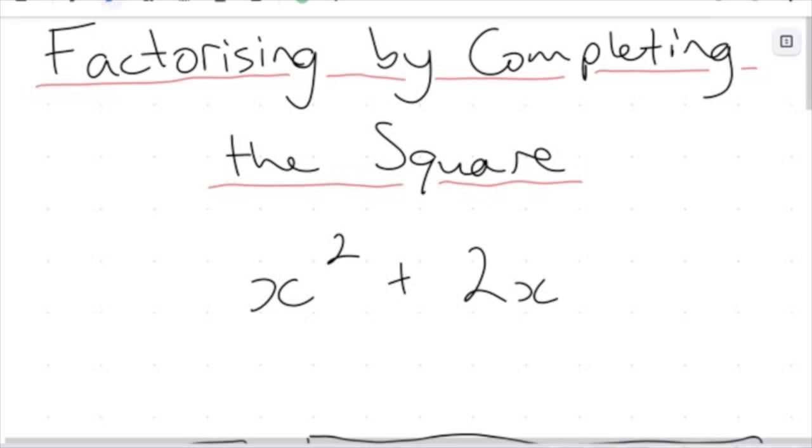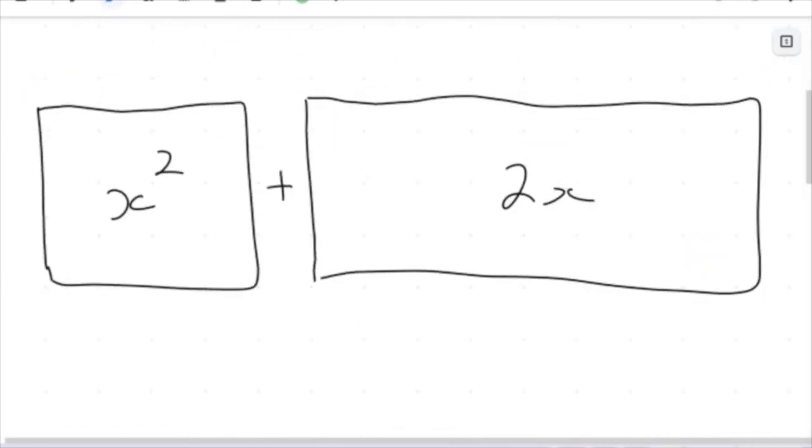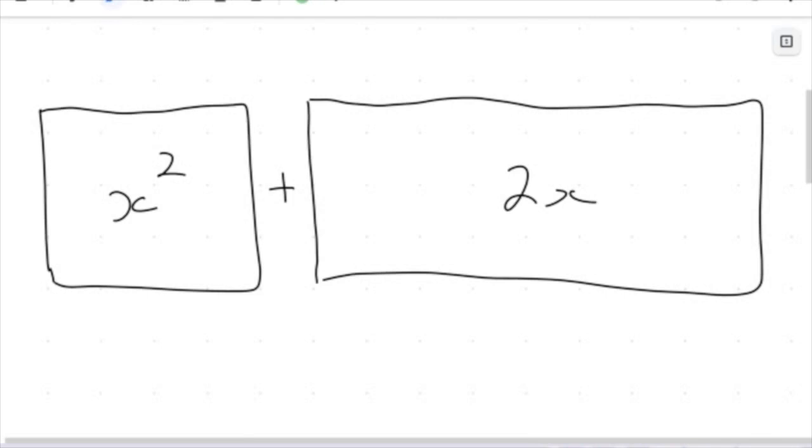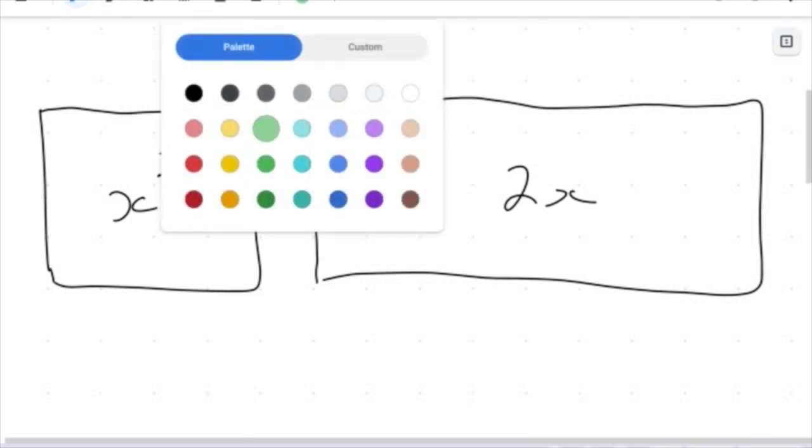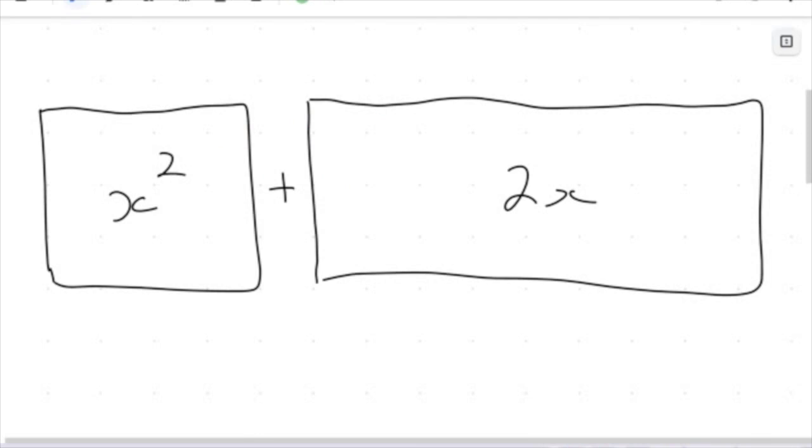But here, I don't really know how to do something like this. I don't really know what I should add over here in order to complete this square. So I want to try some kind of geometric approach here. So in doing this, I'm looking at two particular areas. So I have this square here, which has an area of x squared.